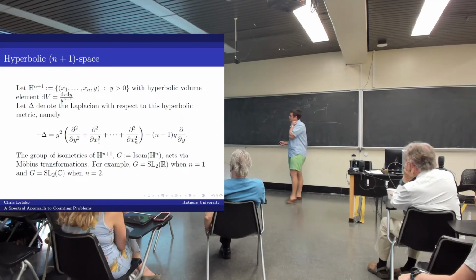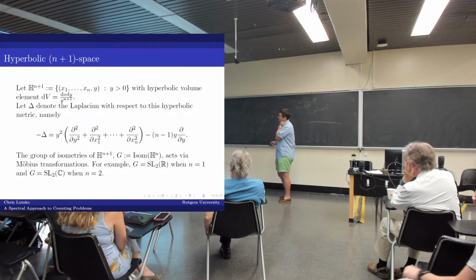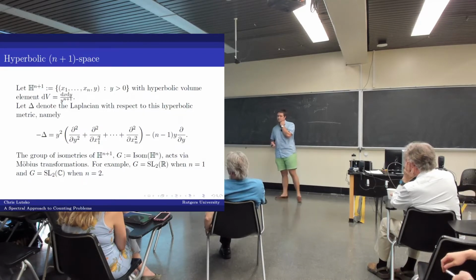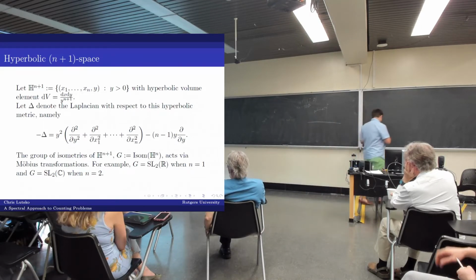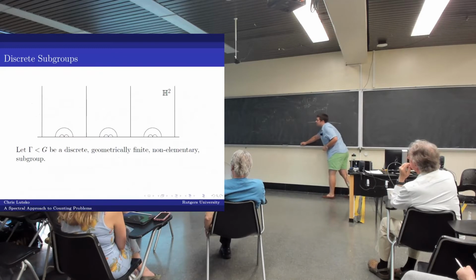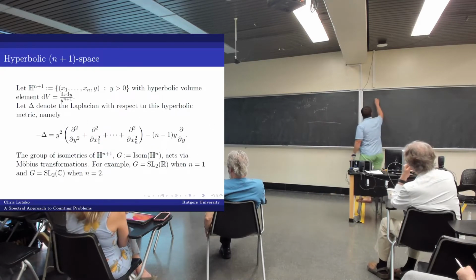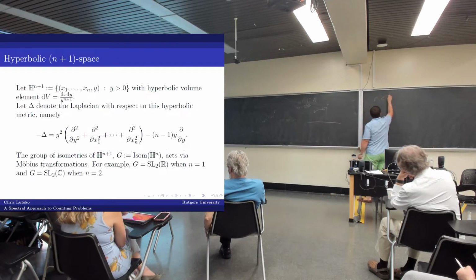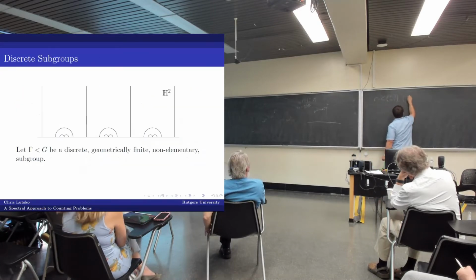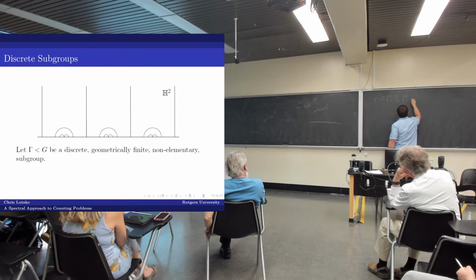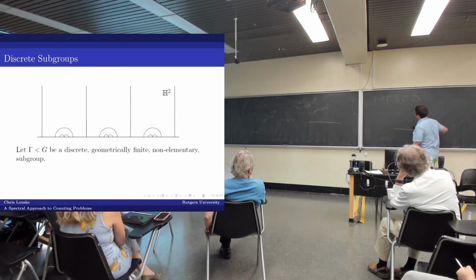So if we have a group of isometries, then we can start talking about discrete subgroups. The example that I like to think of is drawn over here. This is the group generated by these two elements. What do these do?